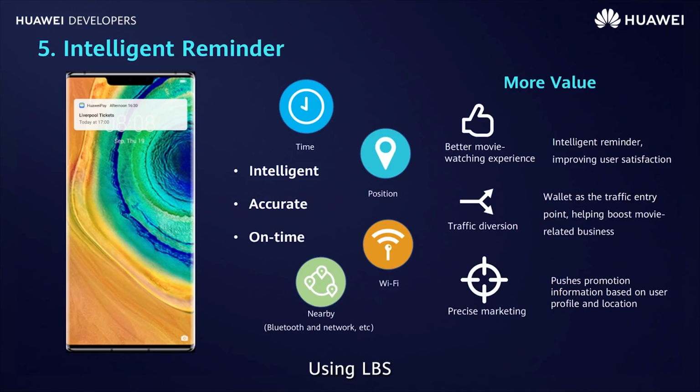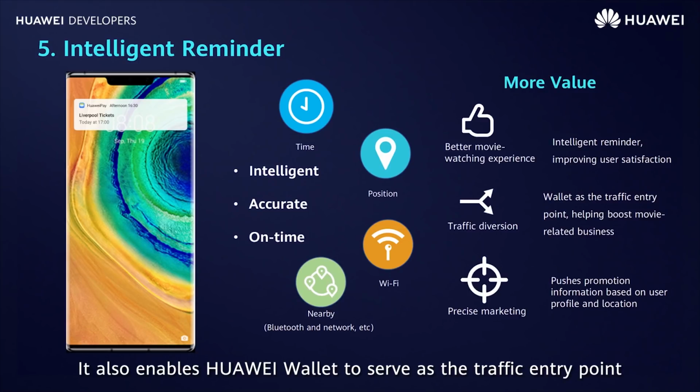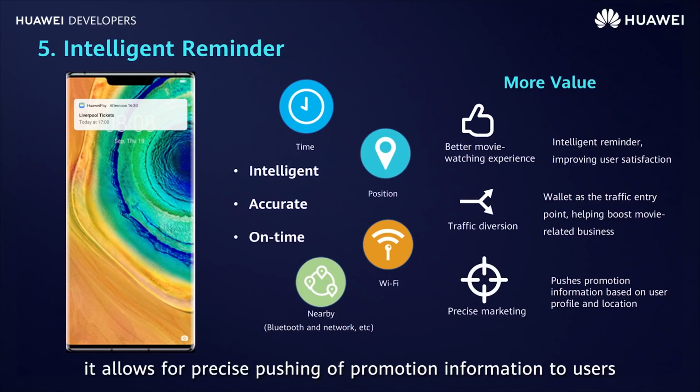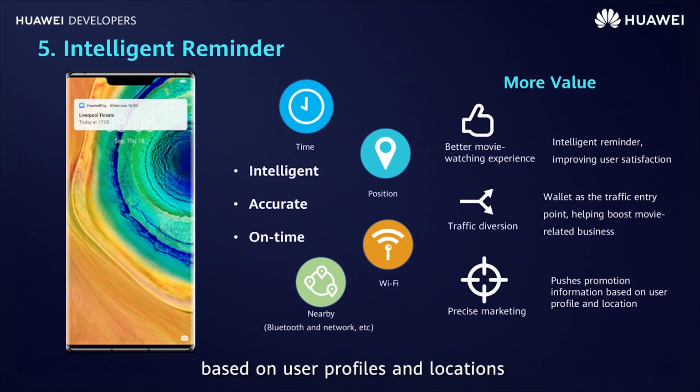Using LBS, such as Wi-Fi and Bluetooth, Wallet Kit can achieve precision marketing. It also enables HUAWEI Wallet to serve as a traffic entry point, helping boost movie-related business. Thirdly, it allows for precise pushing of promotion information to users based on user profiles and locations.